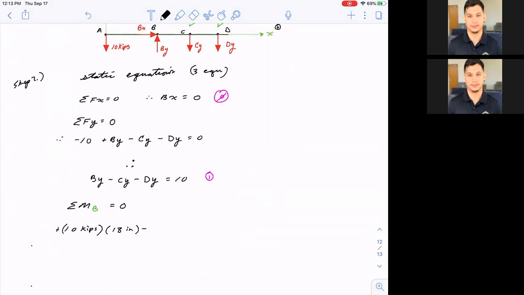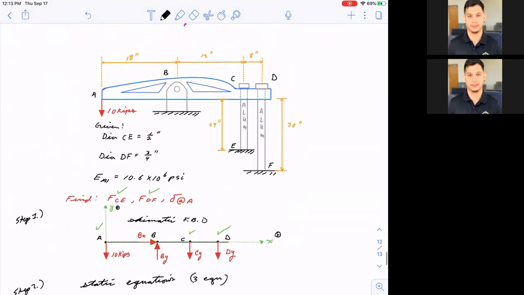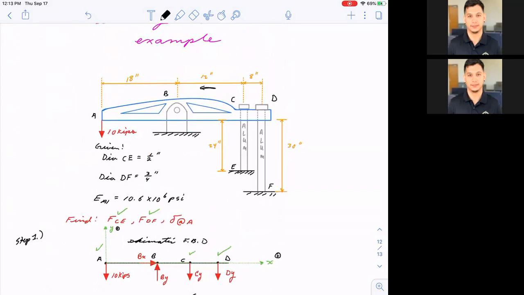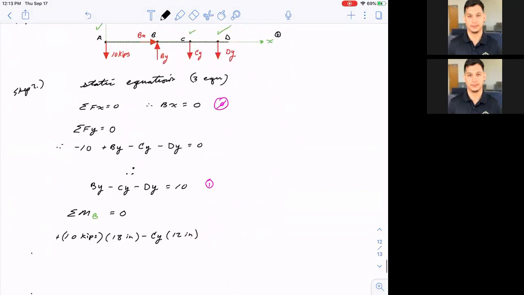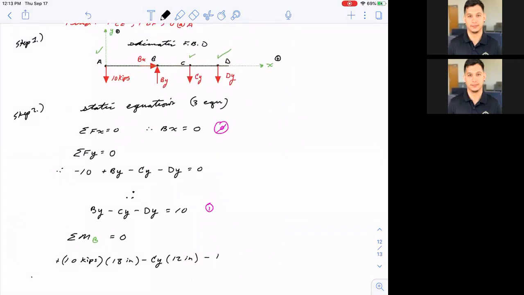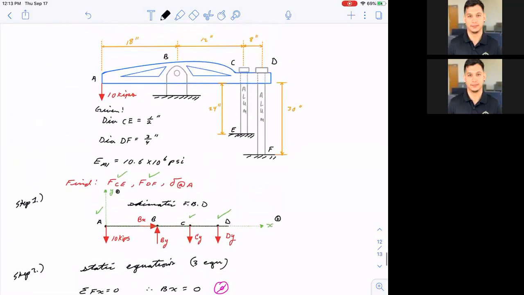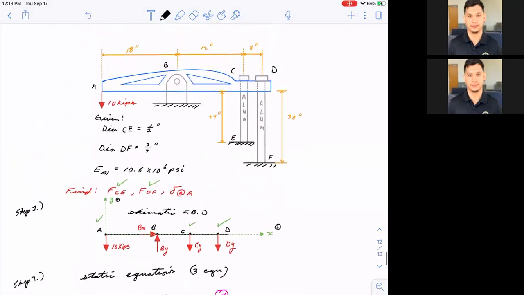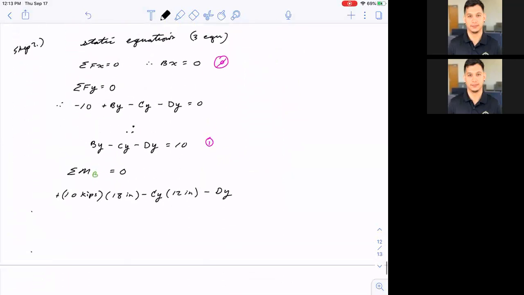So that would be a negative Cy multiplied by 12 inches, right? That's this distance right here. And then another negative moment, Dy, and the distance from D to B is 12 plus 8, which is 20 inches.